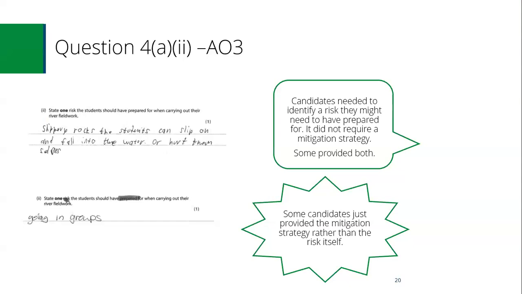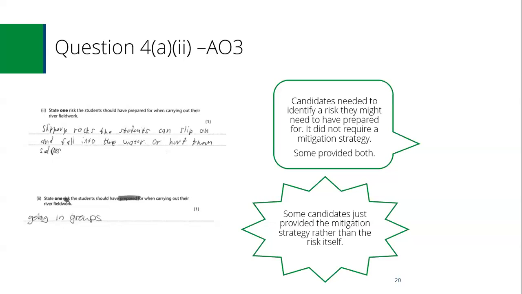Firstly, question 4A: state one risk the student should have prepared for when carrying out fieldwork. So really, candidates need to identify a risk they might need to have prepared for. It did not require a mitigation strategy. Some provided both, however. Some candidates just provided the mitigation strategy rather than the risk itself.